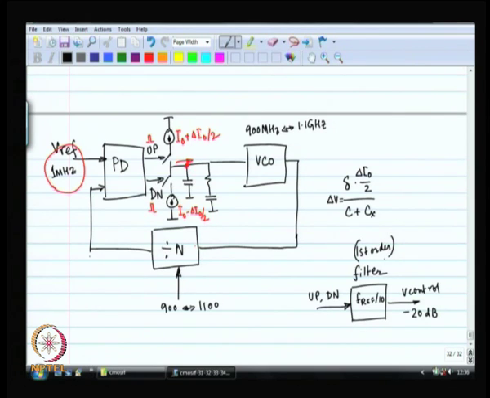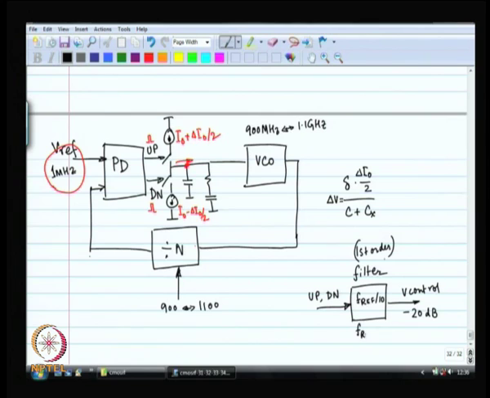At f ref by 10 everything passes. So, what is going to happen at f ref? Going to get 20 dB lesser, right. What if I change this to f ref by 20? Then I am going to get 6 dB more improvement.